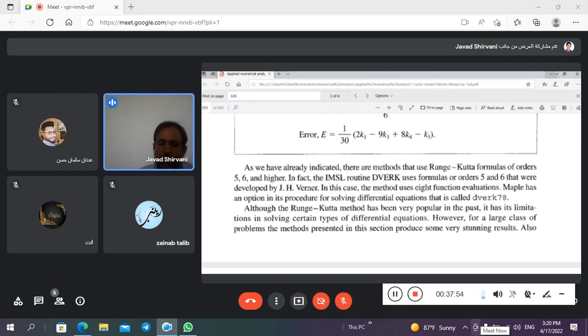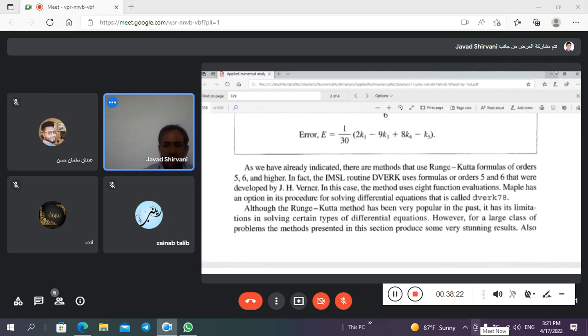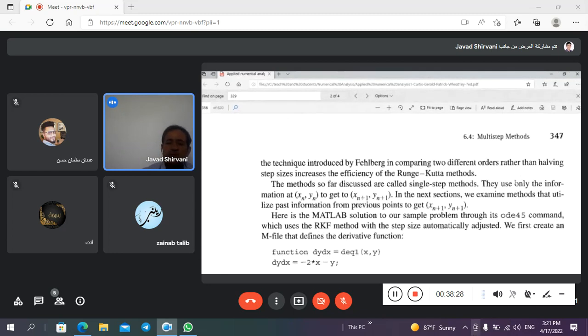Once a very popular Runge-Kutta method in the past, it showed very accurate results. Also, software like MATLAB or Maple also have an option for solving differential equations using Runge-Kutta methods.